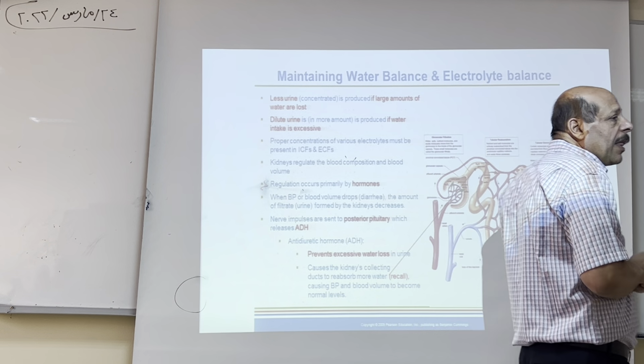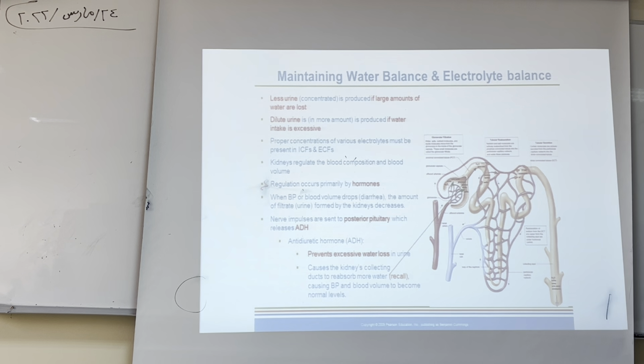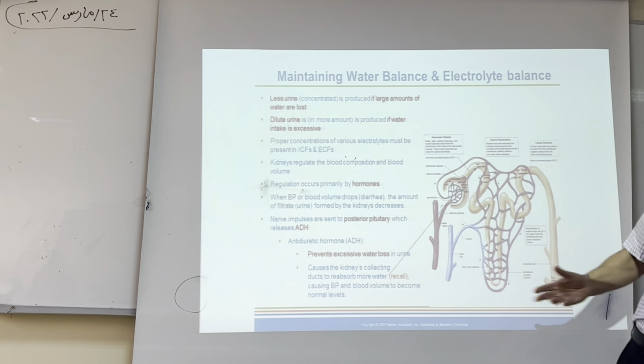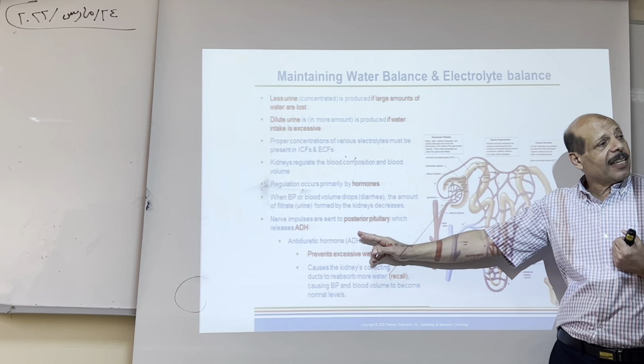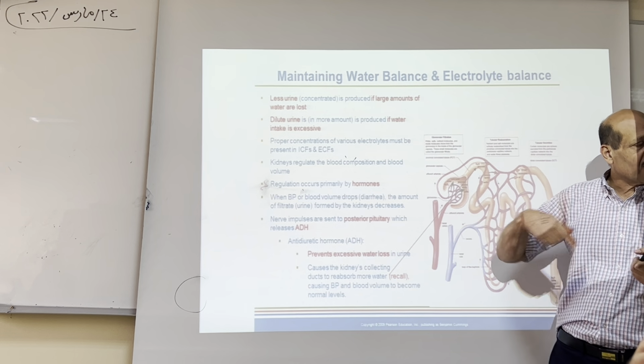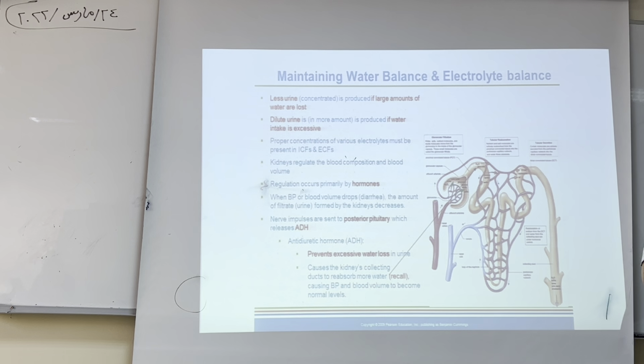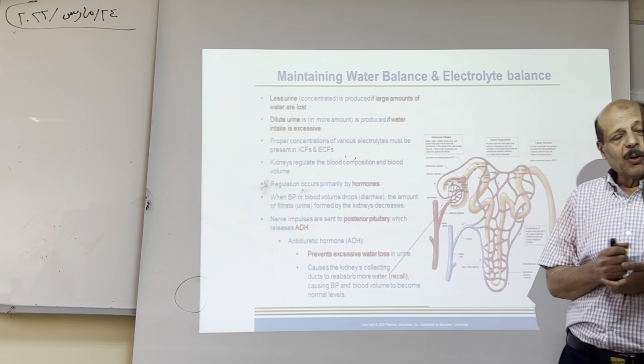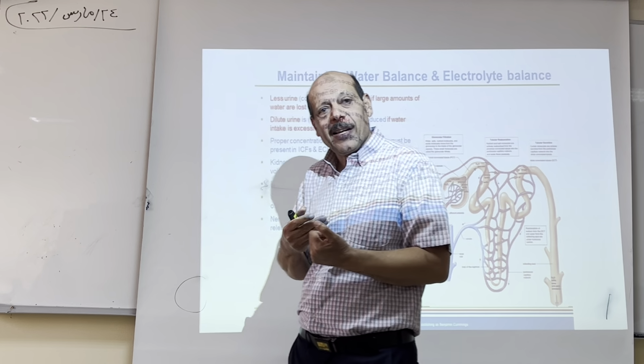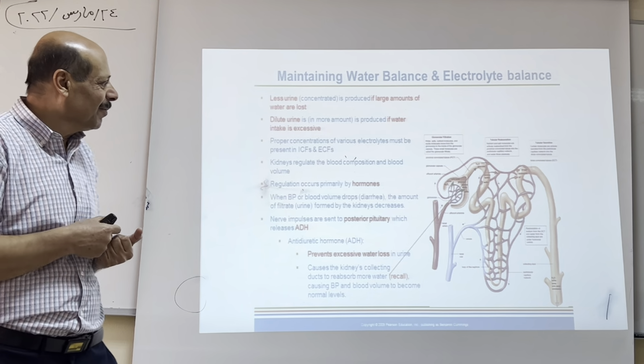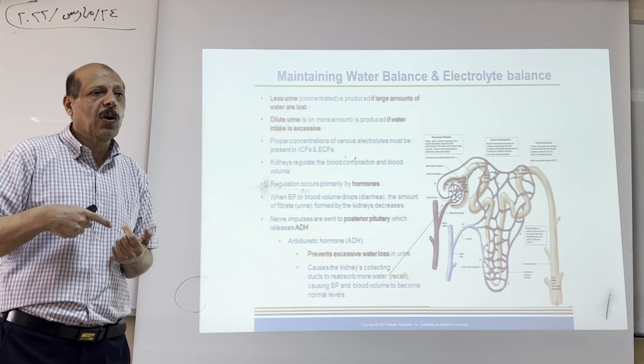If we are taking more fluid, in this case there will be a decrease in the excretion of antidiuretic hormone in order to let more fluid go out from our body to be excreted. So the reabsorption will be, in this case, less if we are taking more fluid.